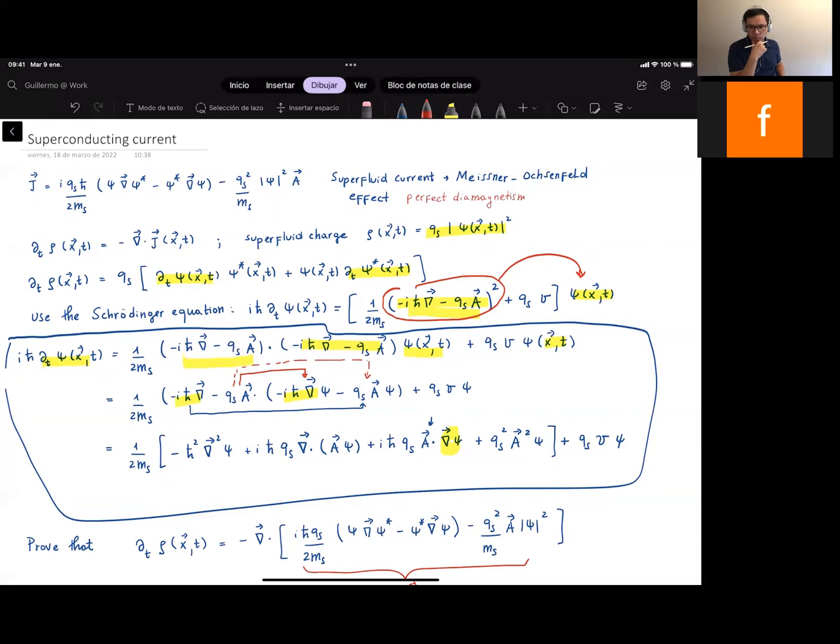And then from that, we will show the famous London equations. And the London equations tell us that any superconducting currents live on the surface of the superconductor, but also we will show that any magnetic field that tries to enter the sample will decay exponentially, essentially.